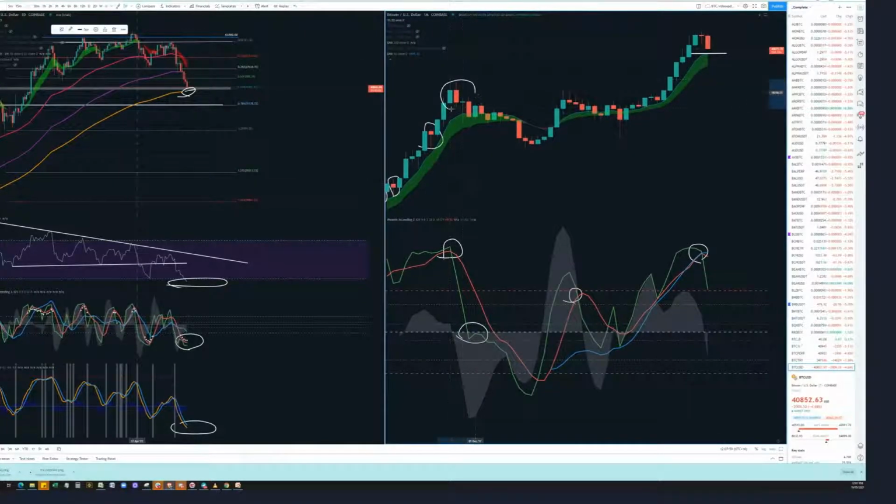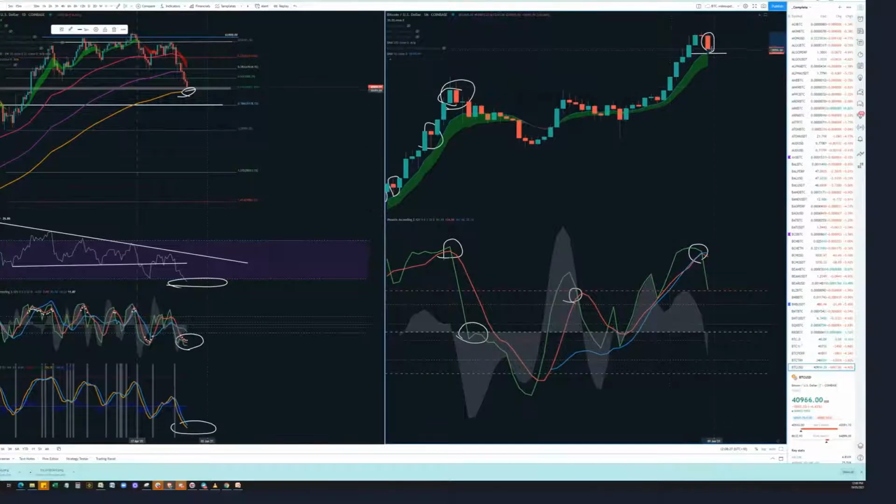So you can see the monthly there. This monthly candlestick almost engulfed the previous month. So you can see that is a bearish sign. Here we had the doji, which is not a sign. So this monthly candle is very important.